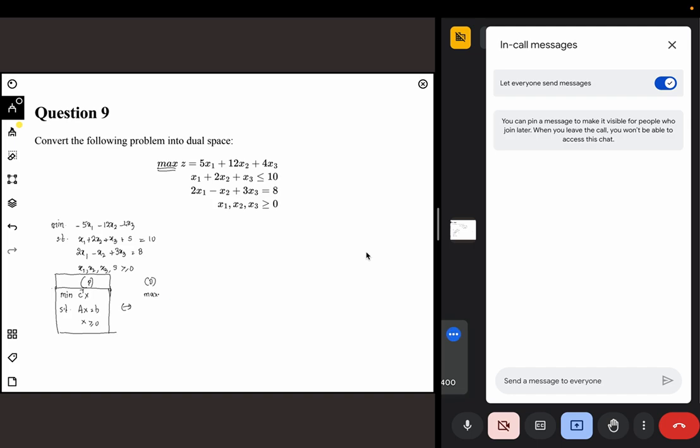What will come here? Whatever is your right hand side of this, that will go with the previous one. That will be your objective b transpose y. You will have some new variable y. What will be the constraints? A transpose y less than or equal to c, right?